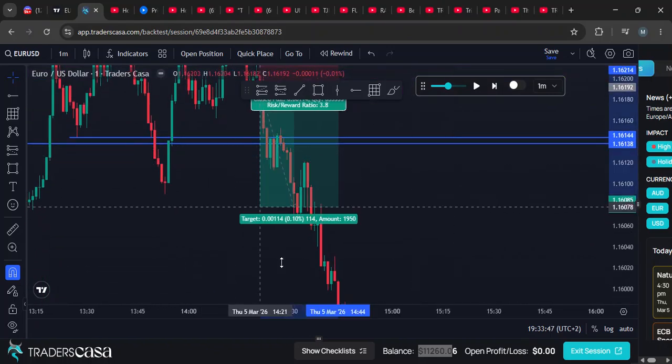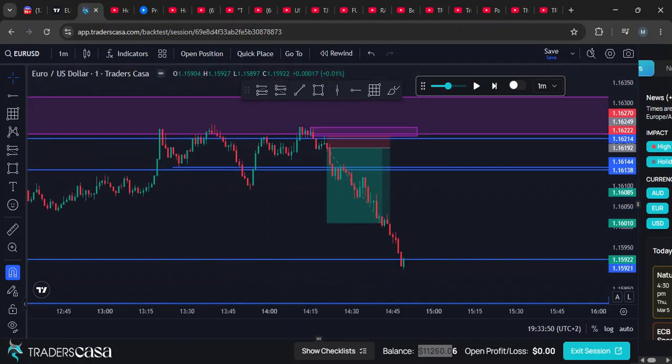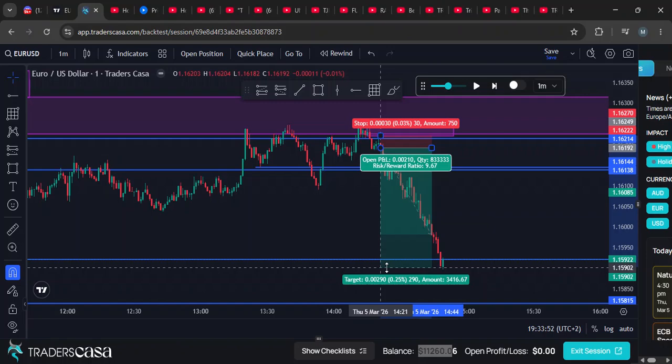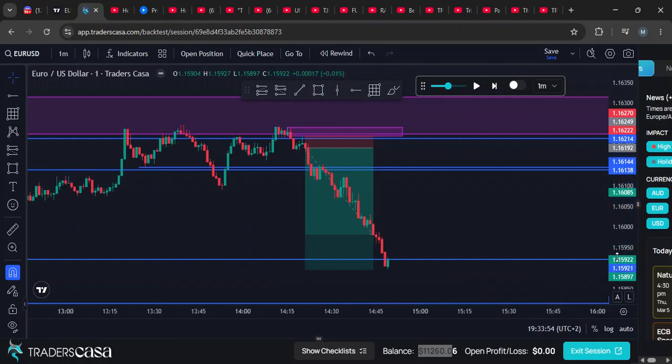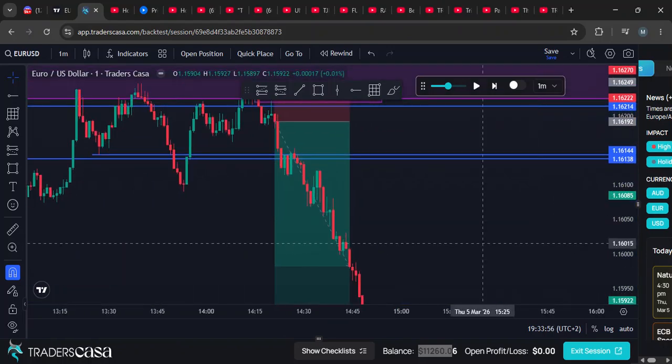After all your confluences, you would have also got a really, really nice similar trade and hit your 1 to 5, 1 to 6, 1 to 7, whatever.